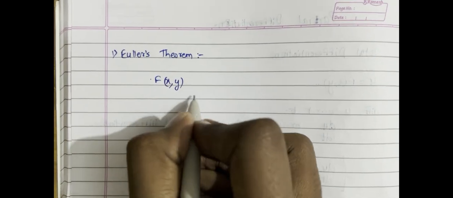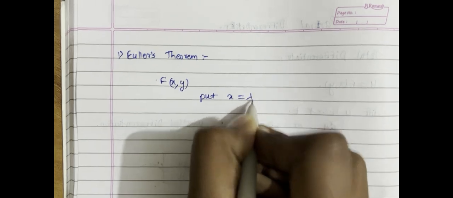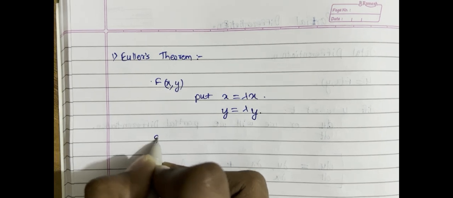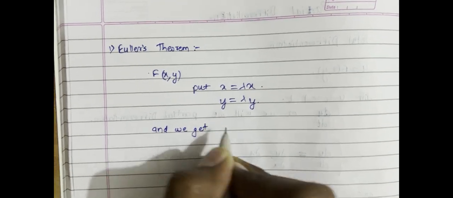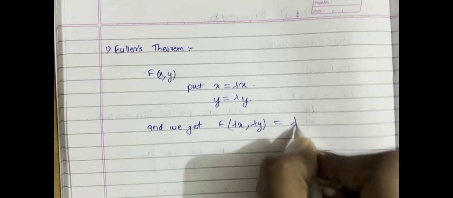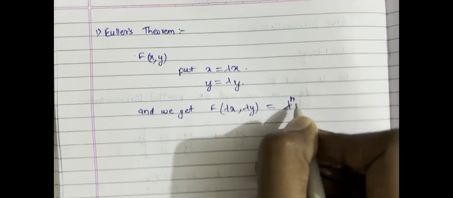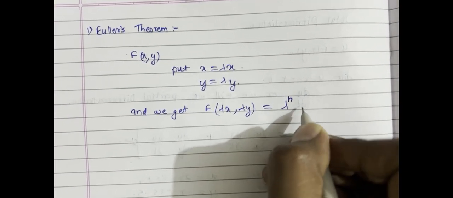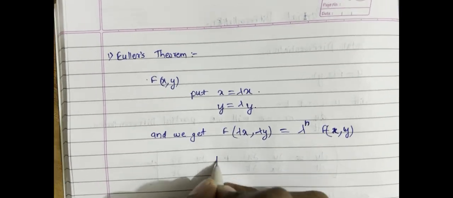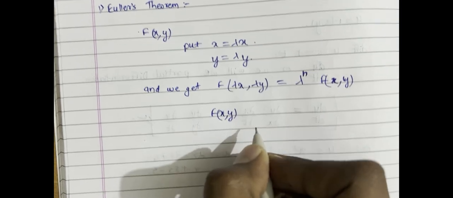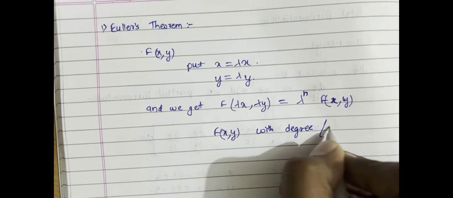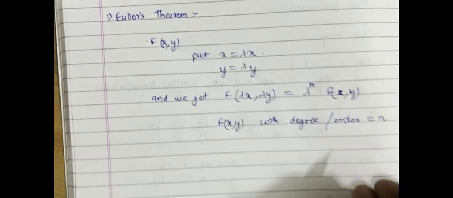If we put x equals lambda x and y equals lambda y, and we get f of lambda x comma lambda y equals lambda, common, to the power n, that will be any rational number, into f of x comma y. Then f of x comma y will be a homogeneous function with degree or order equal to n.